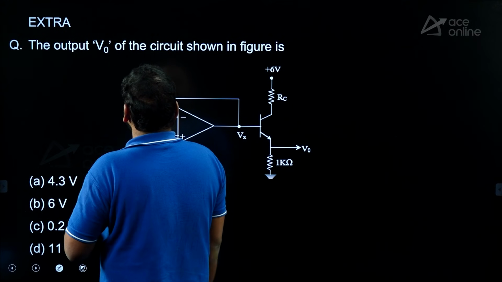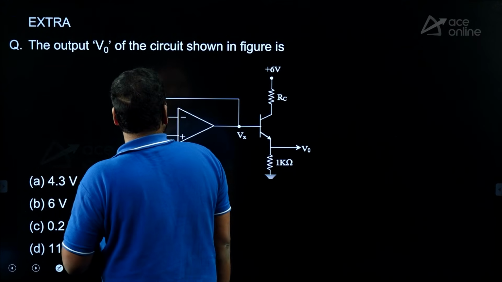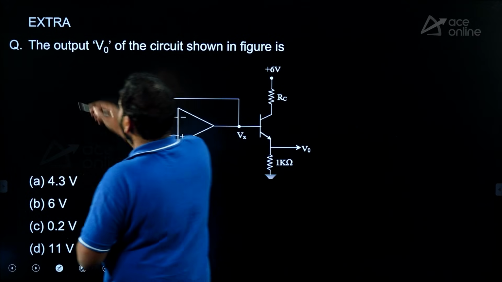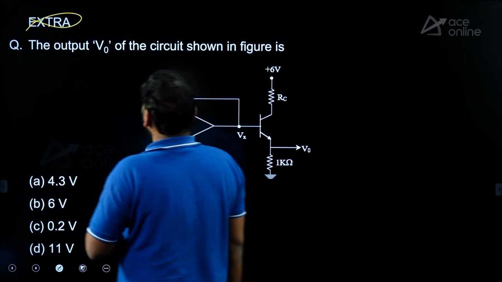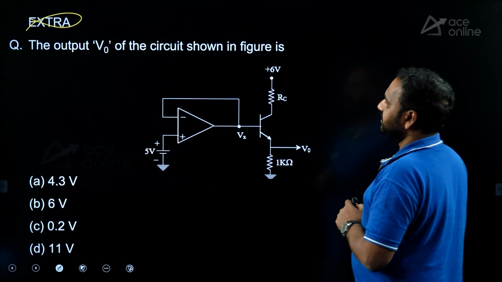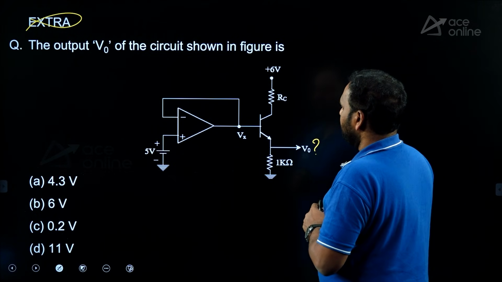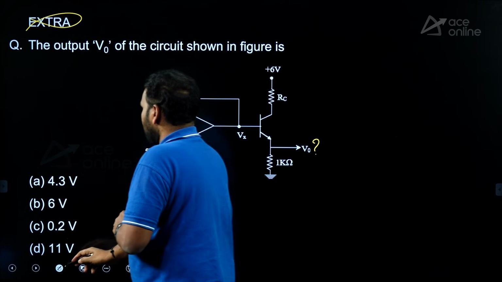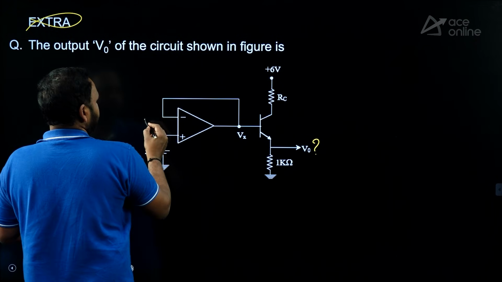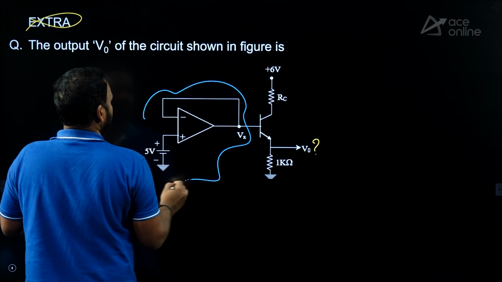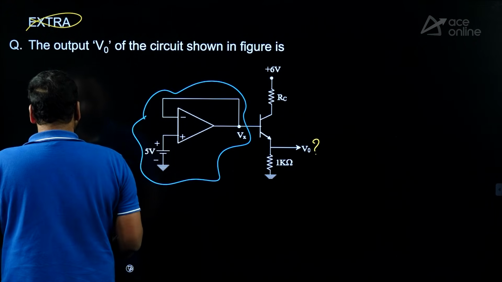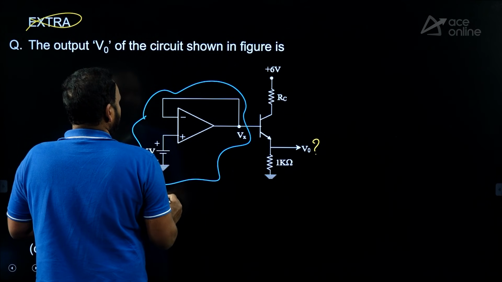The output voltage V0 of the circuit shown in the figure is, what is the output voltage V0 here? If you observe carefully, this operational amplifier is in closed loop, okay, and what is the name of this circuit? Voltage buffer.